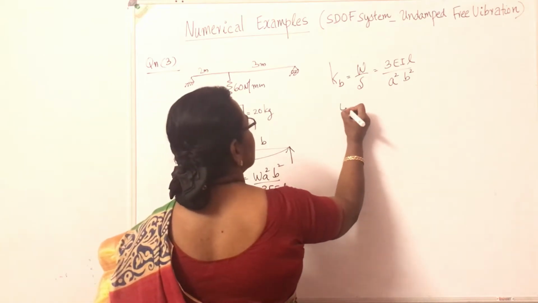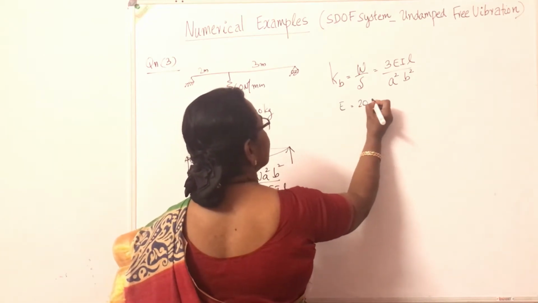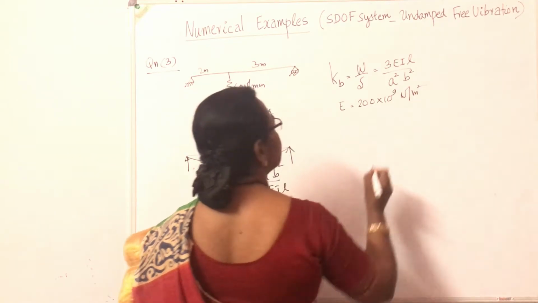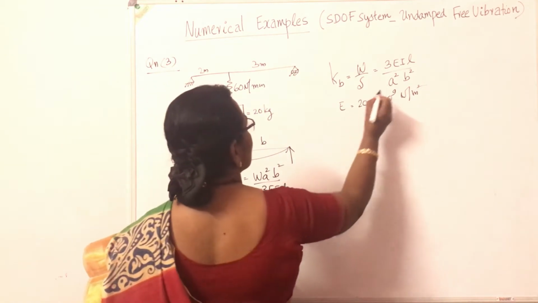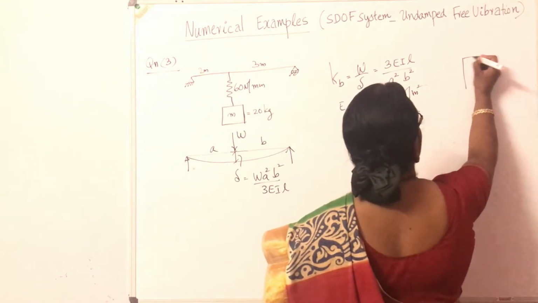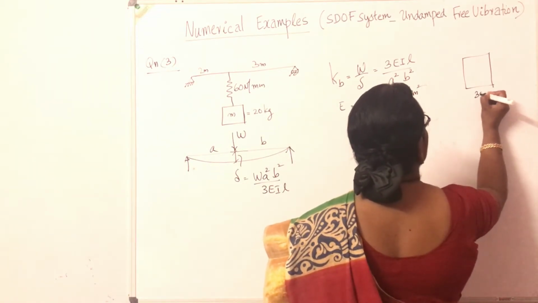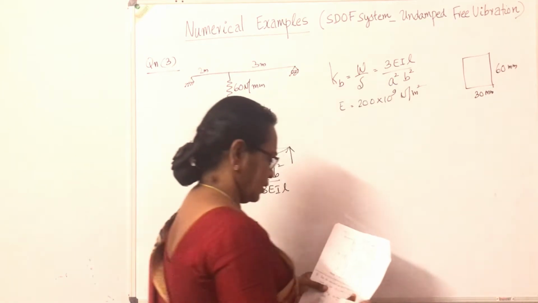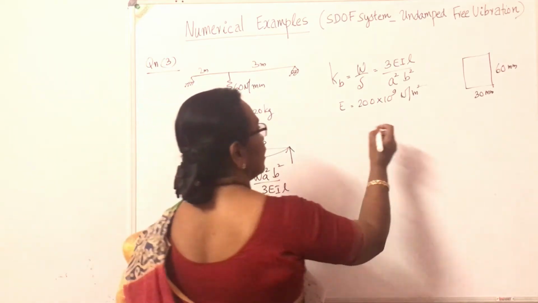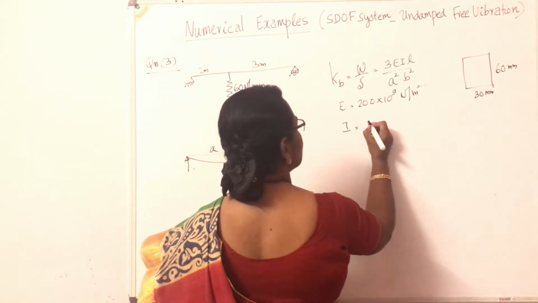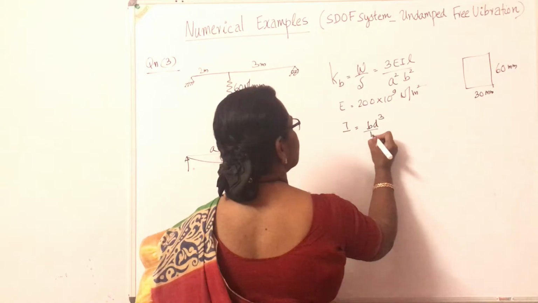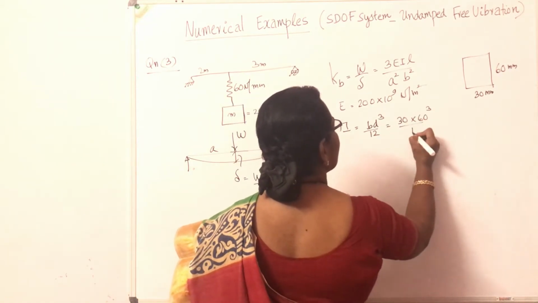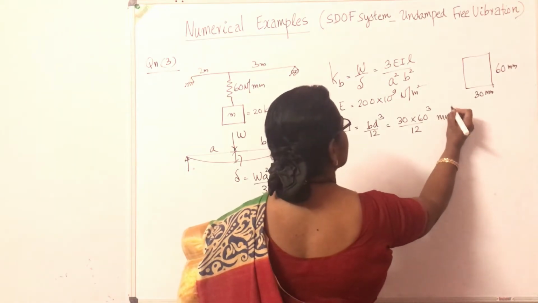Substitute everything. E, Young's modulus, is 200 GPa, or 200 into 10 raised to 9 Newton per meter square. In order to find the moment of inertia I, it is given that its section is 30 millimeter by 60 millimeter. So I is equal to b d cube by 12, which is 30 into 60 cube divided by 12, in millimeter raised to 4.